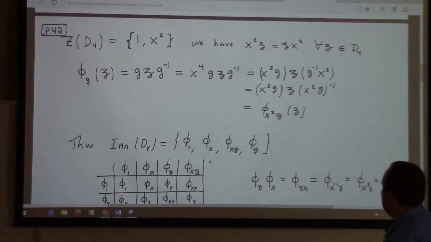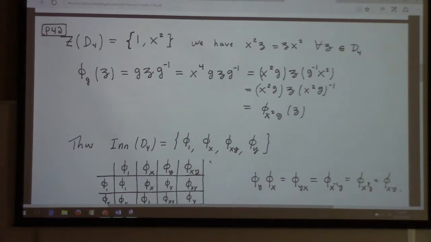X squared is its own inverse, so socks shoes is shoes socks in this case, I guess. No, I don't know, that's not the right analogy. But anyway, this is true. And so voila, phi g is equal to phi x squared g, and that's for arbitrary g. So I don't need to go through it over and over again. That's how it works, you know?